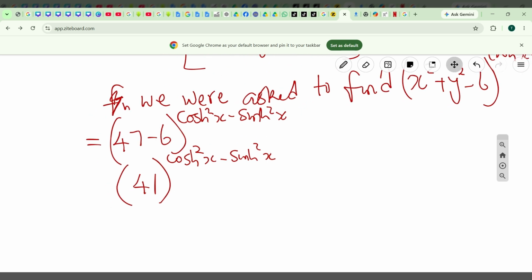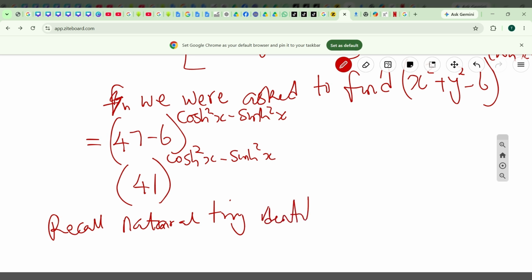Now, what is cos squared x minus sine squared x? Recall the natural trig identity.